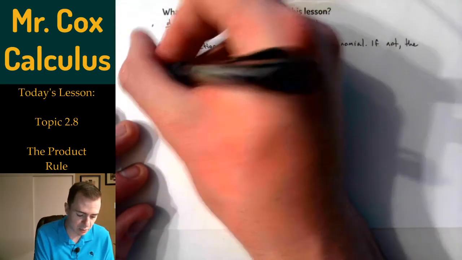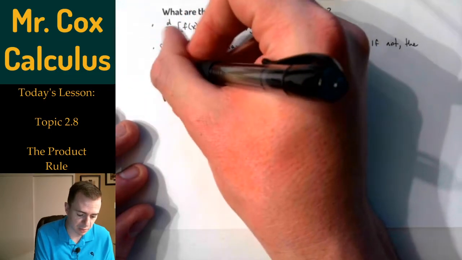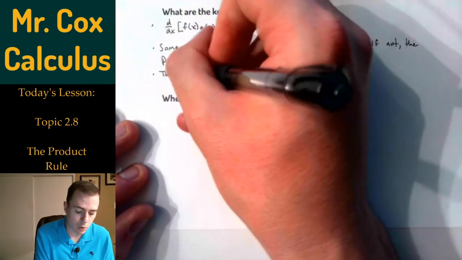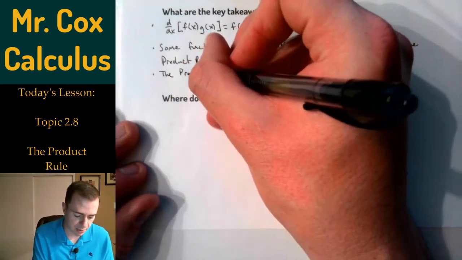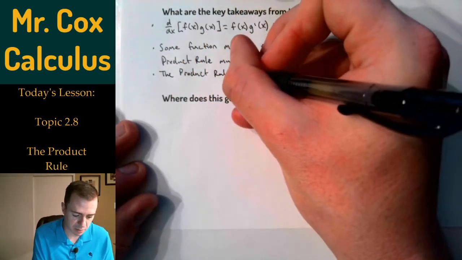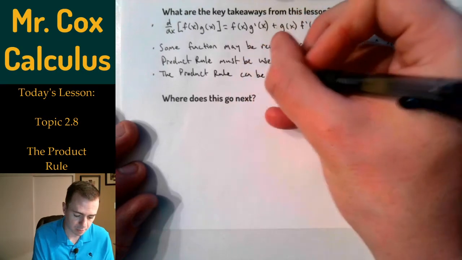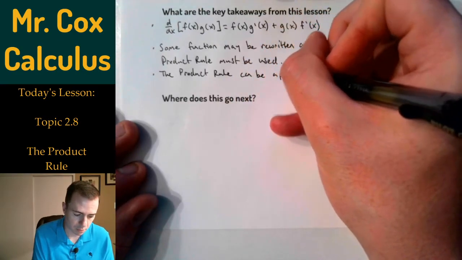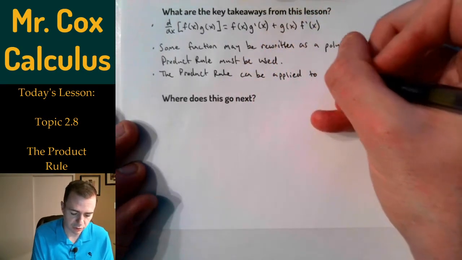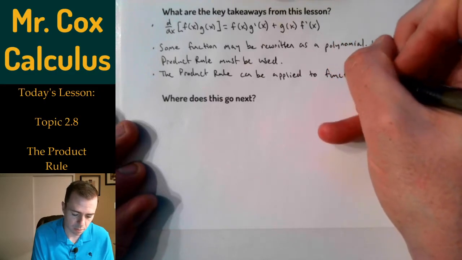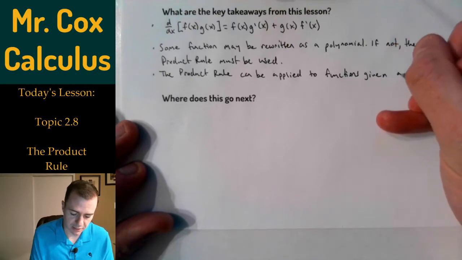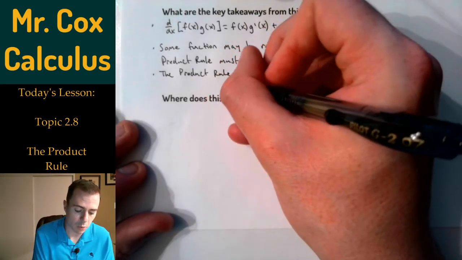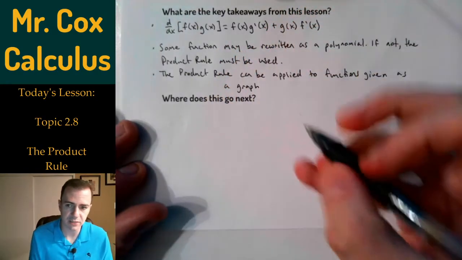And then the last thing we looked at, and this is also going to be one of those important things to know in terms of how sometimes the AP likes to ask things, the product rule can be applied to functions given as a graph, which is what we looked at in the previous video.